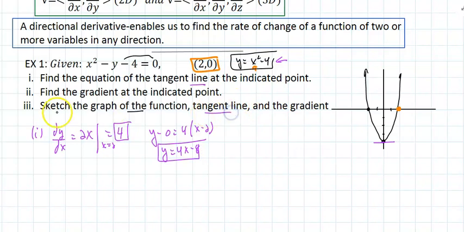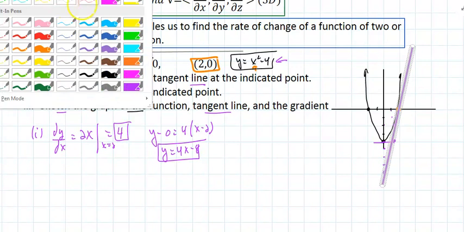They say graph the tangent as well. Let's do that. Rise 4, run 1. Rise 4, run 1. If I connect this with a straight line, there's my tangent.